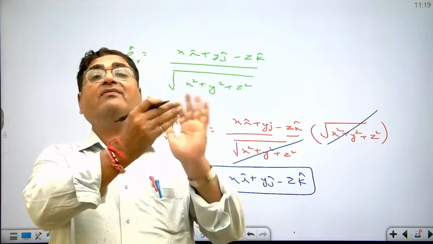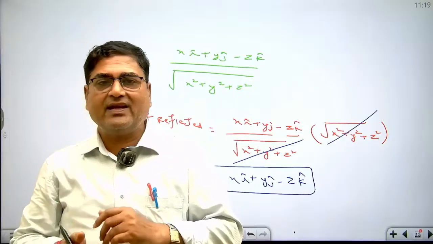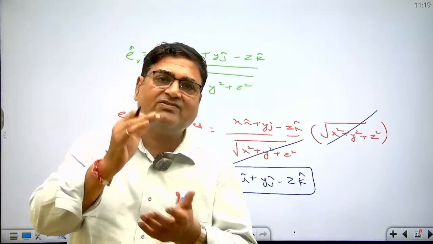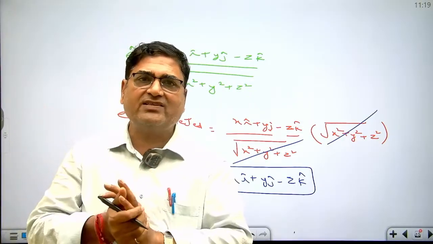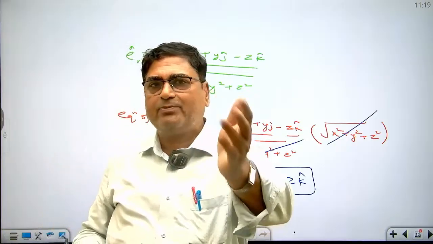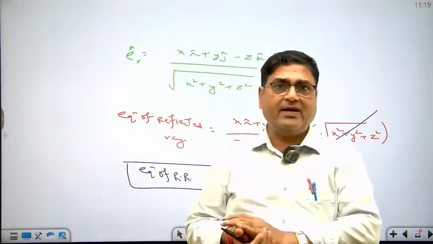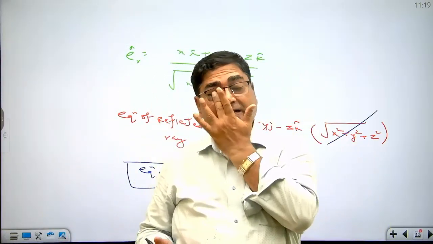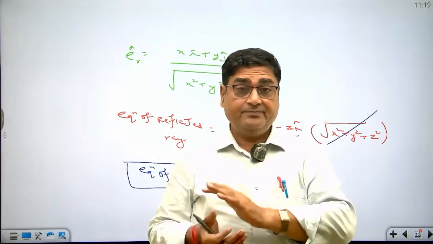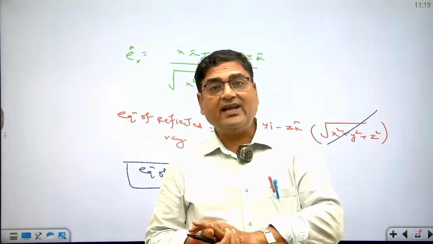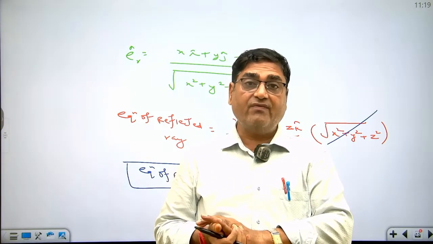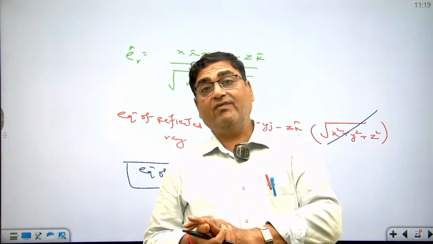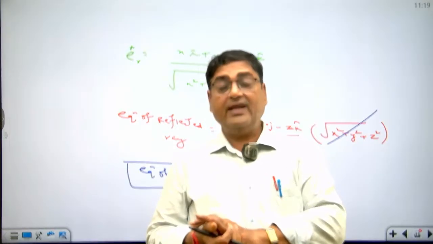Had the mirror been in the yz plane, the x component would get reversed in direction. Had the mirror been in the xz plane, the y component would reverse its direction. So dear student, if we keep three successive perpendicular plane mirrors in the xy, yz and xz planes, what will happen? All three directions will get reversed, so we will get an anti-parallel ray.